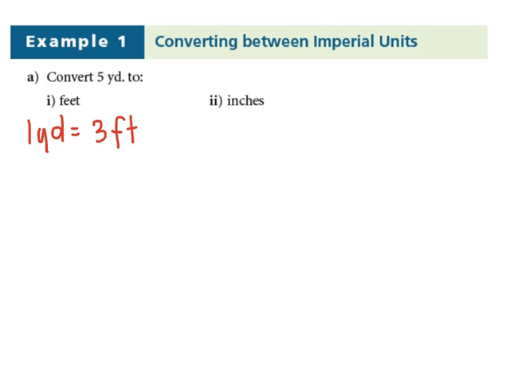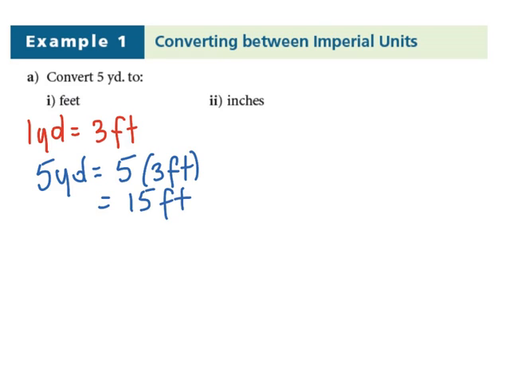Since 1 yard is exactly 3 feet, 5 yards would be 5 times 3. So let's start. So 5 yards would be 5 times 3 feet. So it would turn out to be 15 feet.